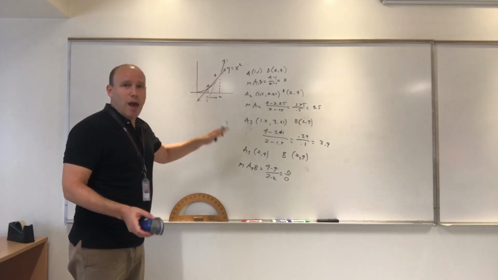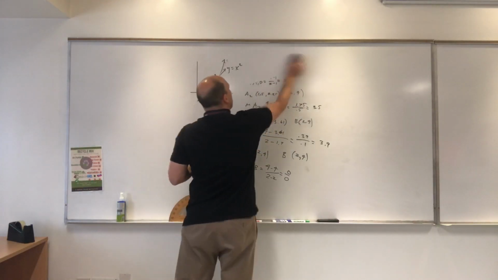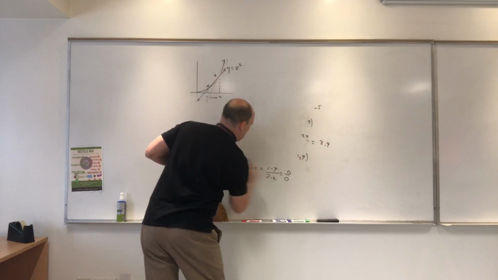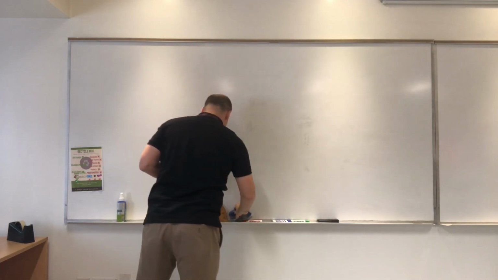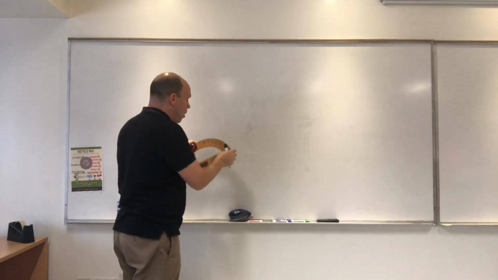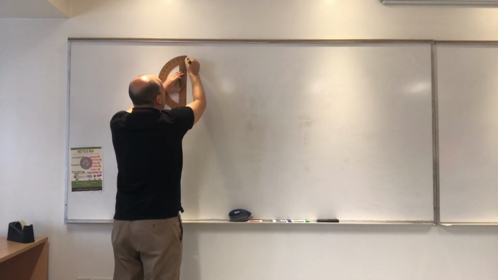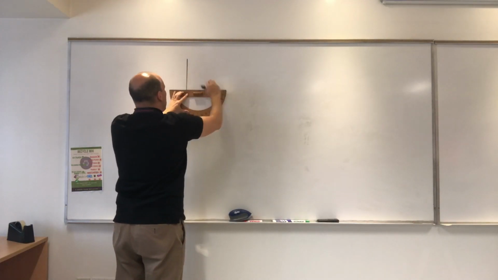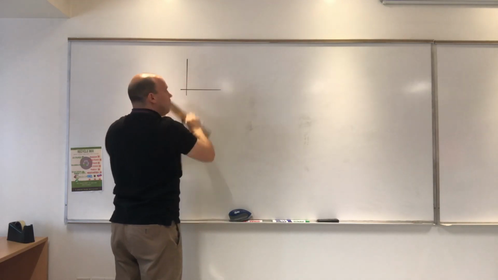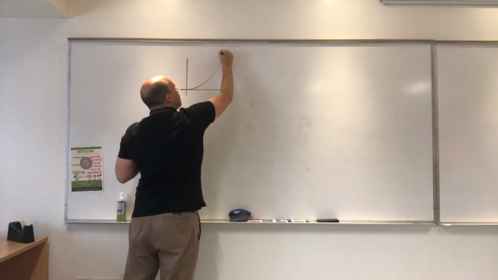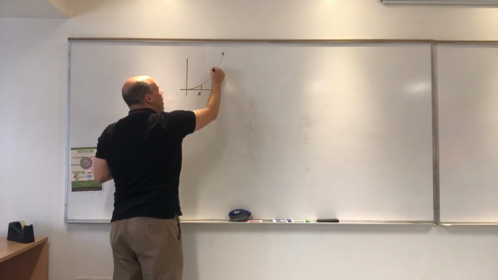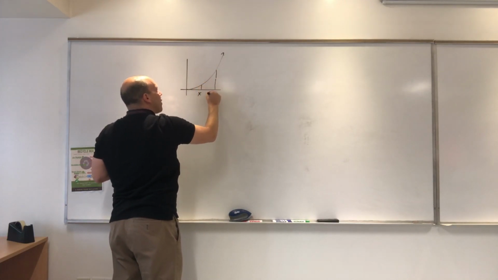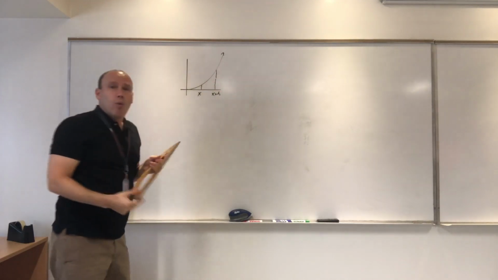So save this, I'm going to erase that. Let's think about what we did theoretically. We started with our graph. It could be any graph. We started off at a point x and another point x plus h.